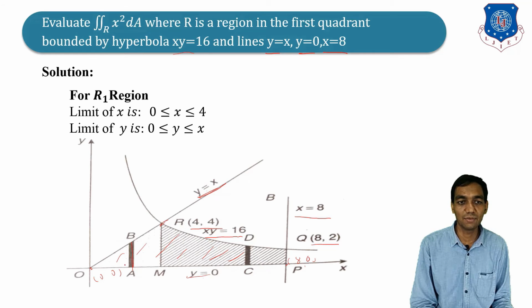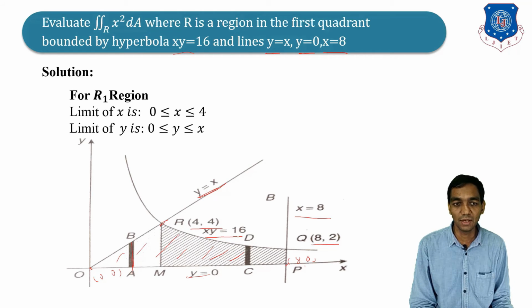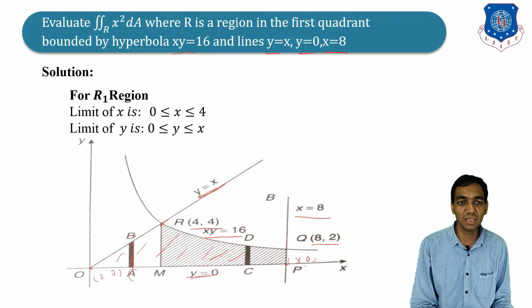First R1. For R1, the limits vary as follows. Whenever we put the limits, A is on the curve y equals 0, so y is starting from 0. And B is on the curve y equals x, so B is going on to x. So y is starting with 0 going on to x.